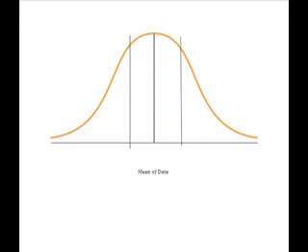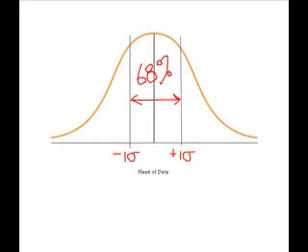The first thing that we know is that plus 1 standard deviation from the mean and minus 1 standard deviation from the mean, in this area right here, will always capture 68% of my data every single time, provided we have normal distribution. So what happens when I move out 1 more standard deviation?